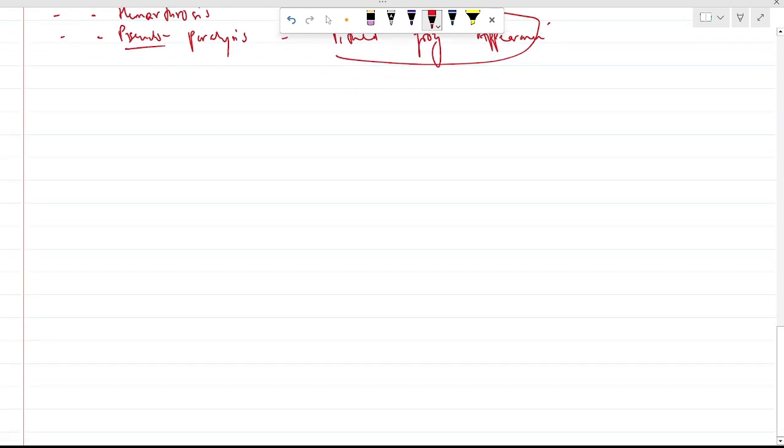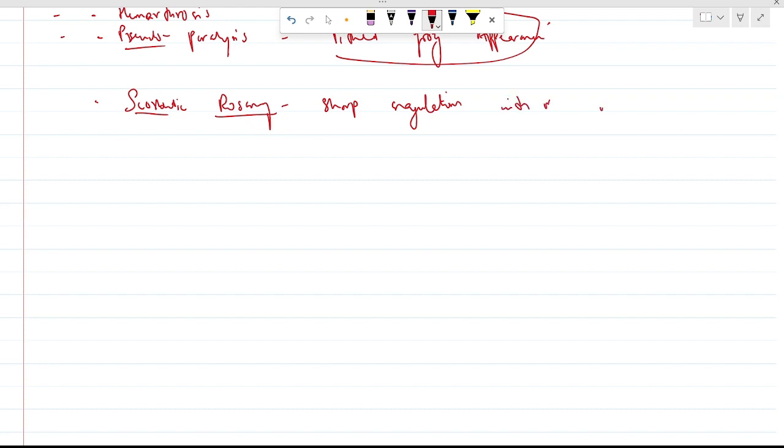Then we have to see two types of rosary. The first is scorbutic rosary. There are sharp angulations with or without beading. This beading is termed as rosary.